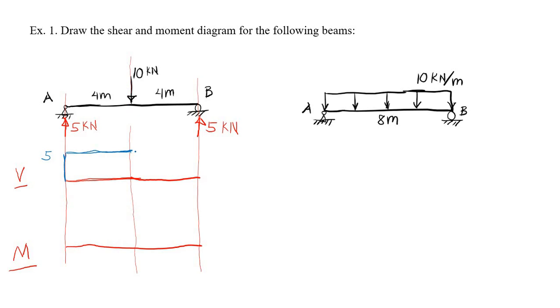Positive 5 minus 10 is equal to negative 5. No other forces involved, therefore this must be a straight line. Negative 5. And at this point, support B, we have positive 5. So we now have our shear diagram. Negative 5 to positive 5 is 0.